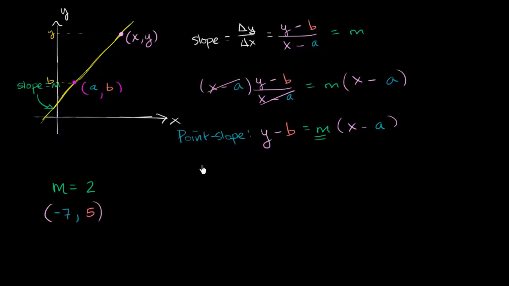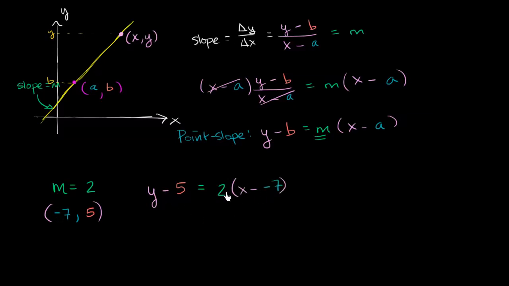An equation that contains this point and has this slope would be y minus 5, y minus the y-coordinate of the point that this line contains, is equal to my slope times x minus the x-coordinate, so x minus negative 7.